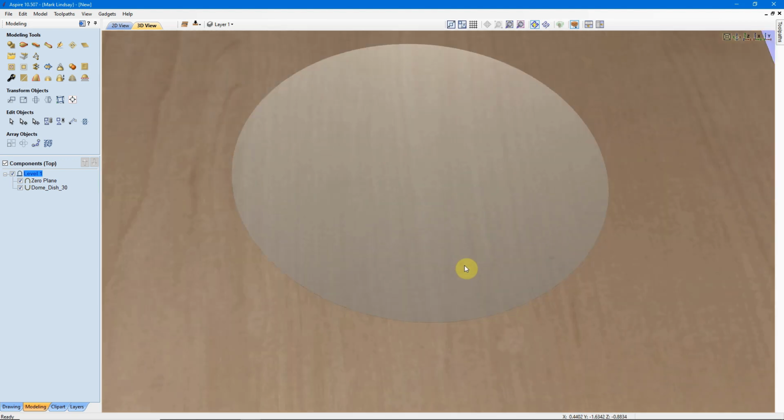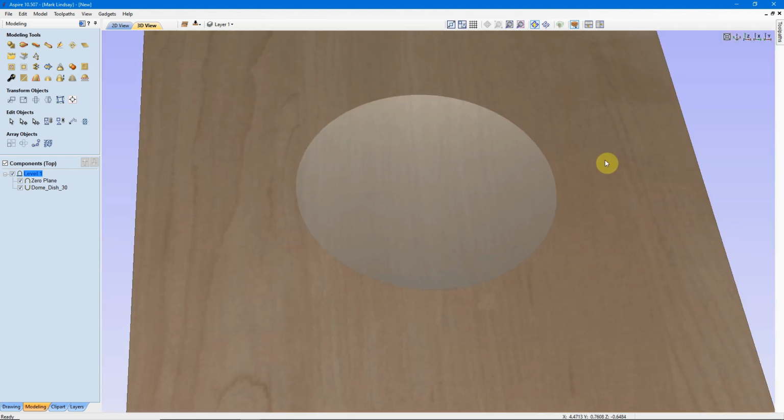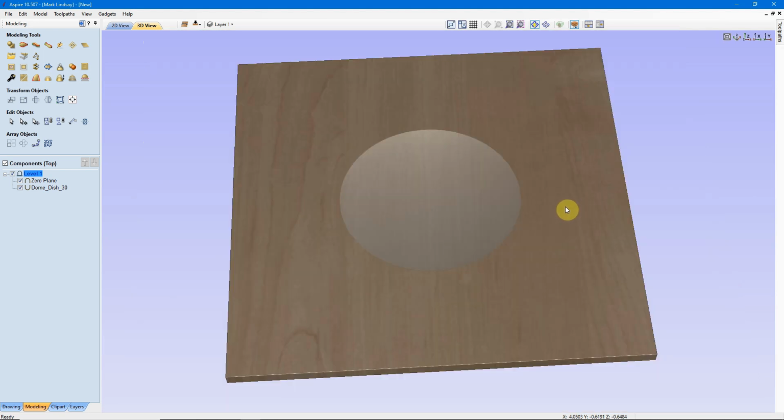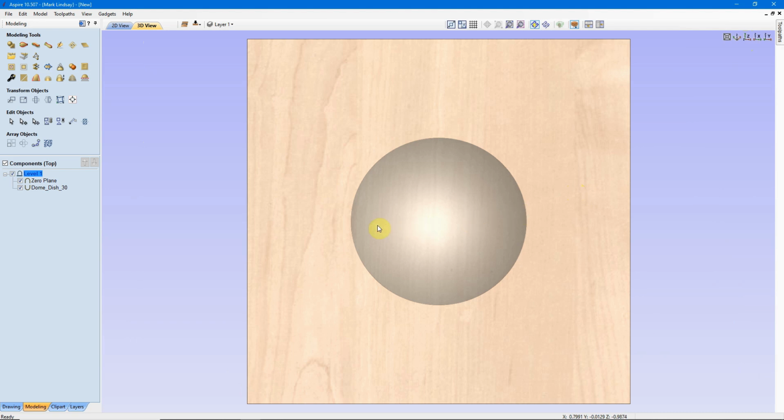So a zero plane is used, generally speaking, for models that have a concave shape to them that is being carved into the surface of the material.